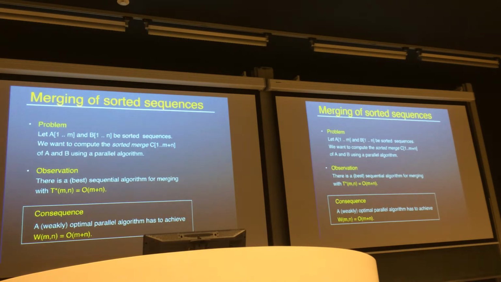Our basic problem is, if you have two vectors A(1..m) and B(1..n) and let them be sorted, as in the merge sort, then we want to compute the sorted merge C with m plus n entries. And we would like to do that using a parallel algorithm. Well, we know that there is a best sequential algorithm that takes linear time, so our algorithm should, if it is weakly optimal, satisfy W(m,n) is O(m plus n).